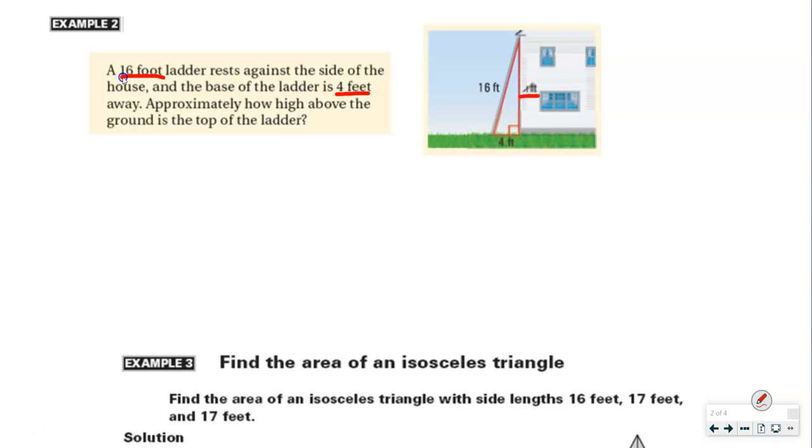We can see that that's one of our legs because 16 would be our hypotenuse. 16 is the side opposite the right angle, the side that does not touch the right angle. So it's going to be one of our legs. So it could be our a or our b. So I can say 4 squared plus x squared equals 16 squared.